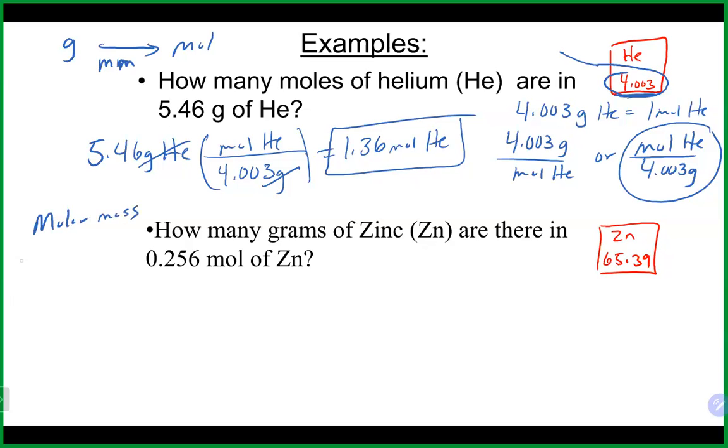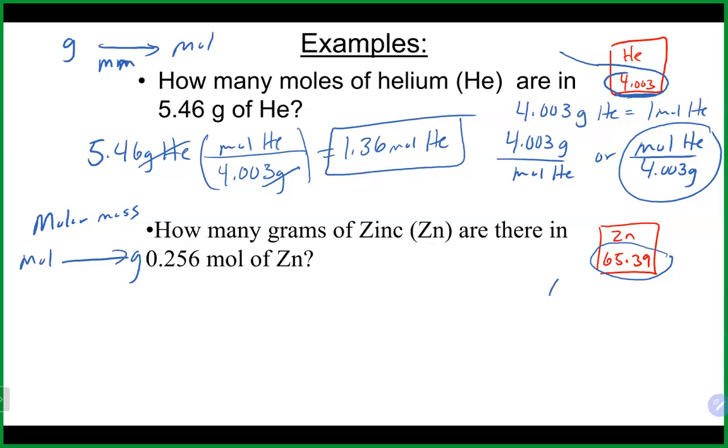In this case, we're actually going to start with moles and end up in grams. So it's still the same conversion factor. If it wasn't given to you, which it probably will not be, you would go to the periodic table and find zinc. And again, you would see that number there on the bottom, and that it will give you your 2 conversion factors that you could use.